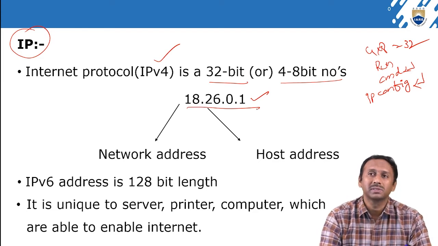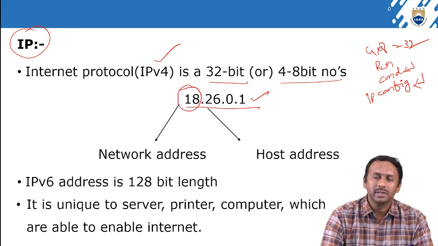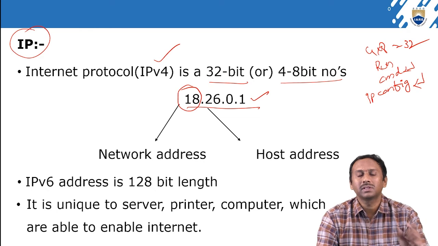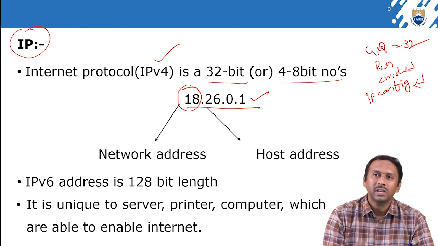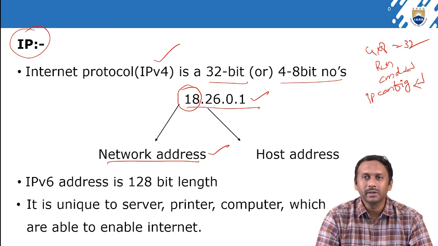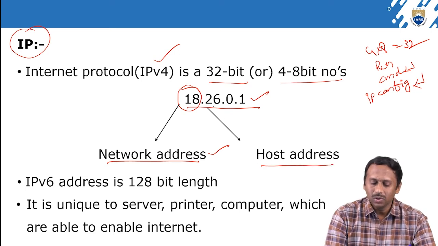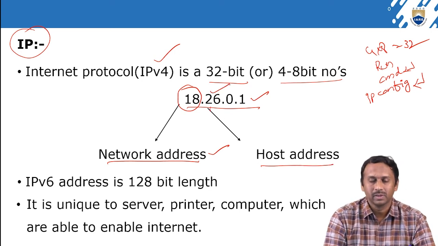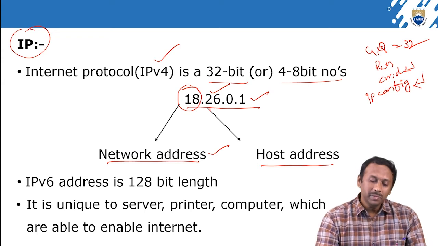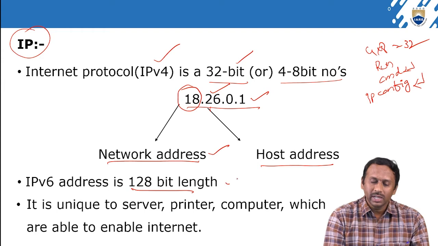This is one example of an IP address: 18.26.0.1. The first octet indicates the network address. In an IP address, the first part indicates the network address and the next part is the host address. IPv4 is 32 bits and IPv6 is 128 bits in length.